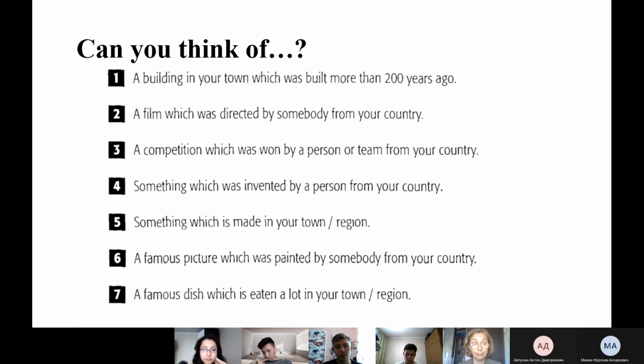Okay, so the next line is for Rodion. A famous picture which was painted by somebody from your country. You should know, because you've been to Almaty, and in Almaty there is a famous art museum named after Kasteev.